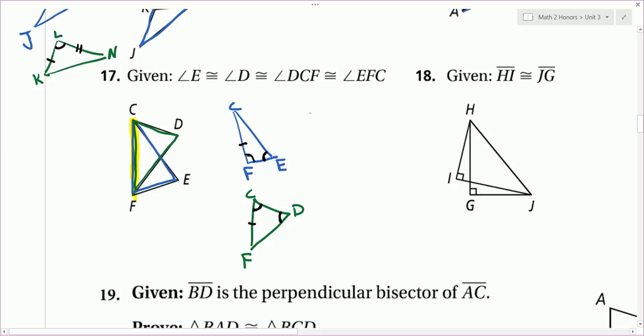So angle, side congruence. And triangle CFE is congruent to triangle FCD.